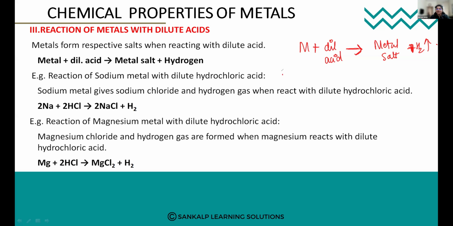The metal we have taken is sodium. Let us react the sodium with a dilute acid. Let me take hydrochloric acid, dilute hydrochloric acid, HCl. Sodium reacts with dilute hydrochloric acid, and what does it form?